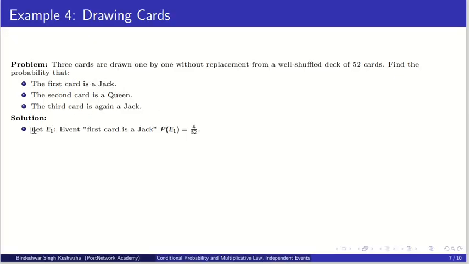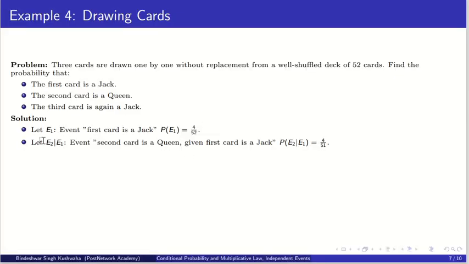Let E1 be the first card is jack, so P(E1) is 4 upon 52. Second, E2 given E1: the second card is queen given the first card is jack, so P(E2 given E1) is 4 upon 51, because you have taken 1, so the number of cards would be 51.